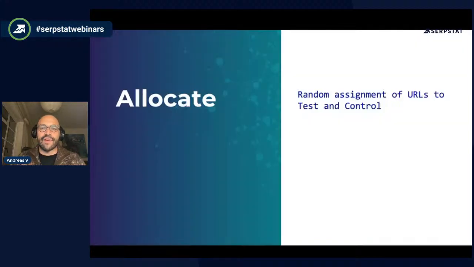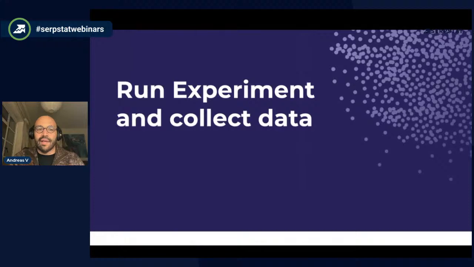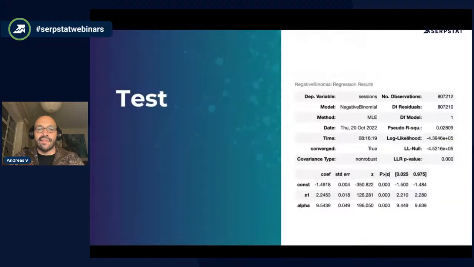Once you've allocated the URLs to test and control, one of the things you could do to mitigate risk is double the minimum sample size, and then you run the experiment and you collect the data. Now, I'll get into the test.